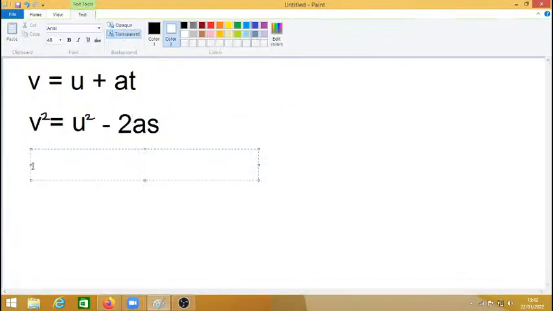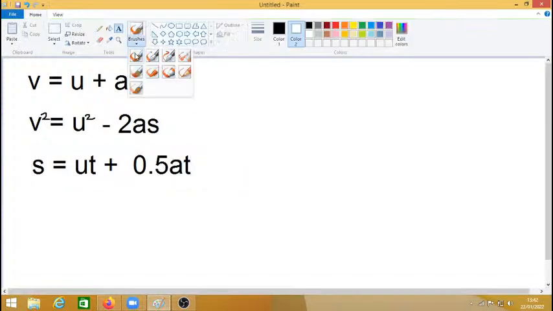And then a third formula: s is the displacement or the distance traveled, and that's equal to ut, initial velocity times time, plus a half at squared. I've written half as a decimal, but in the original formula, it's written as a fraction.